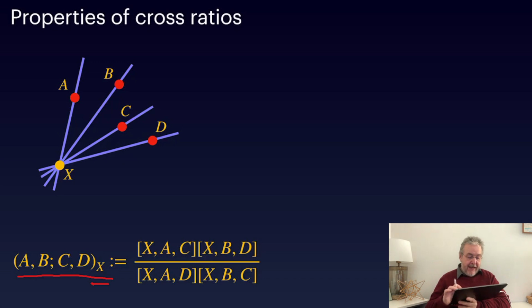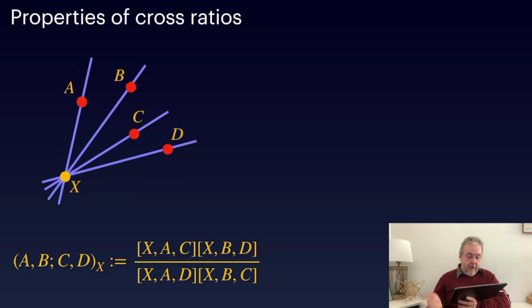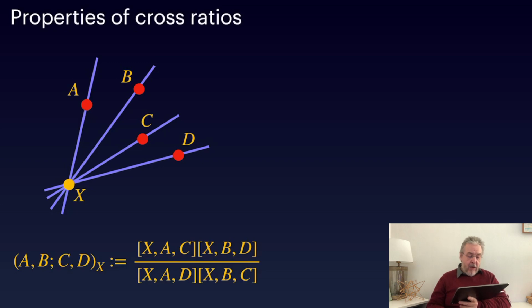So one thing we want to investigate first: what happens if we move one of those points into the direction of X. You remember this is called the cross ratio of the 4 points seen from X, and if you are at position X you don't see any difference whether A is here or A is here.